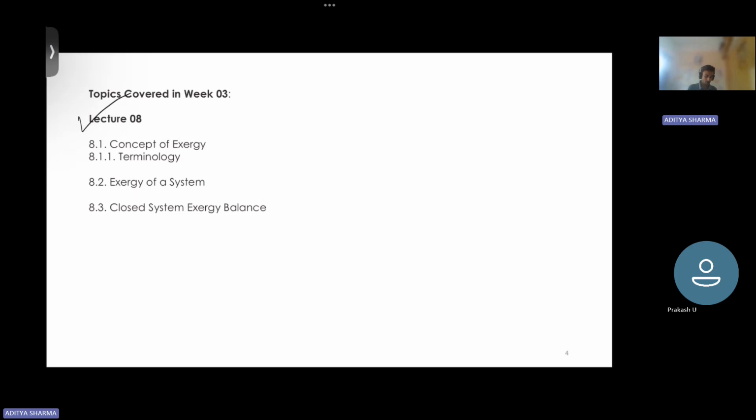And then we saw terminologies when discussing exergy: system, then environment, then dead state. So the system is our system, and when it changes its state, initially it has some potential to do work.